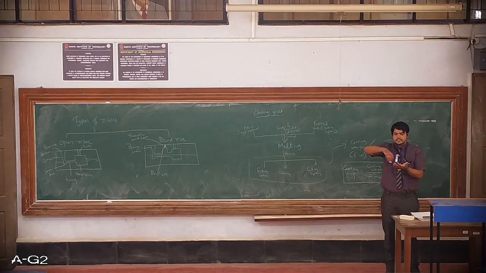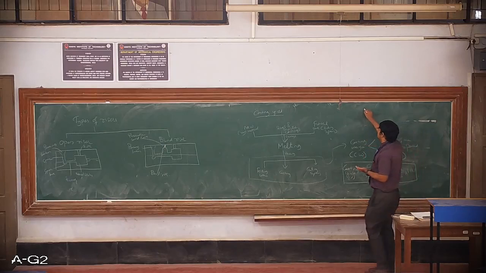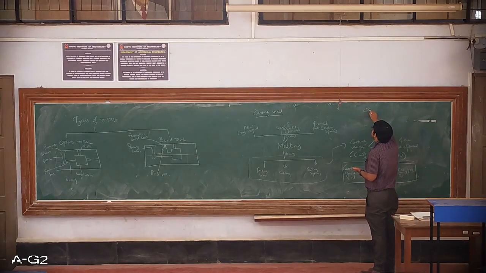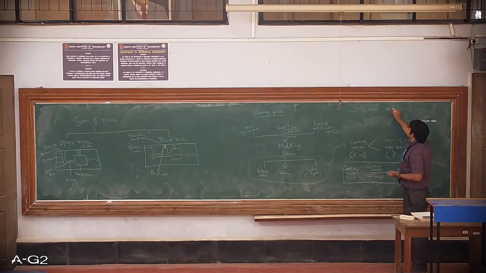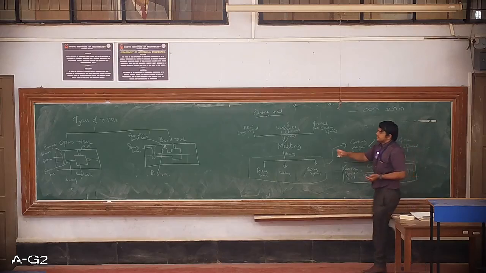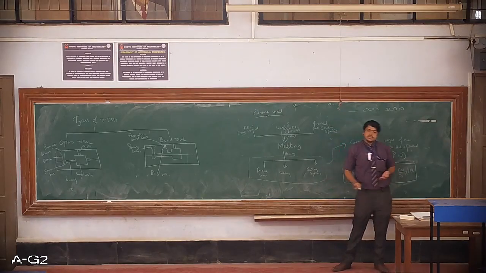We do something called putty grinding, which is done throughout the surface in order to make sure that the surface becomes smooth, because there will be unwanted projections on the surface of the casting. These are the sand grains here. So we don't get a perfectly smooth surface of the casting, we get something like this. So these are also trimmed off, and the collection of this can also be used as a charge.